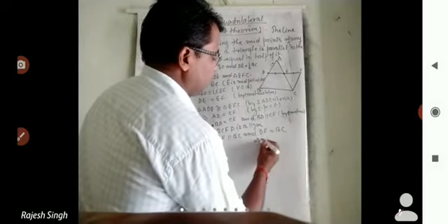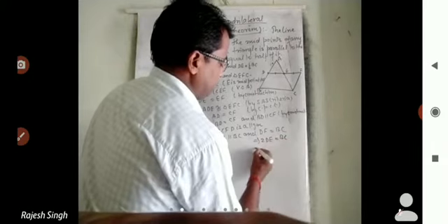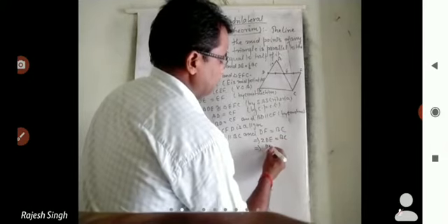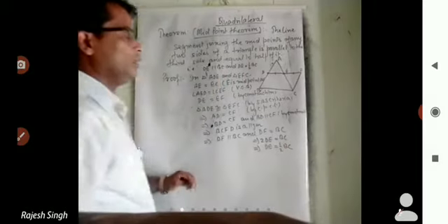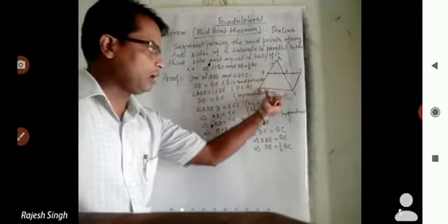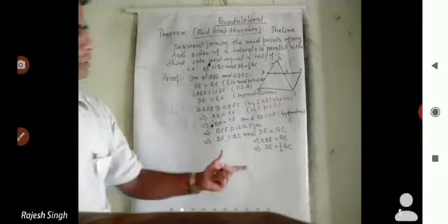Then 2DE is equal to BC. This implies that DE is equal to 1 by 2 BC. Means DE is just half of the third side.